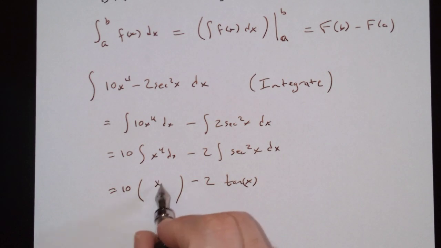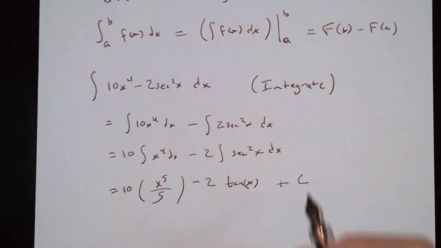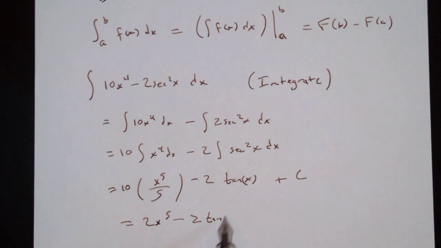Exactly. But wait, there's more. What has to go on the end? Plus c. And now if you really want, you can simplify here. I get 2x to the fifth and 2 tangent of x plus c.